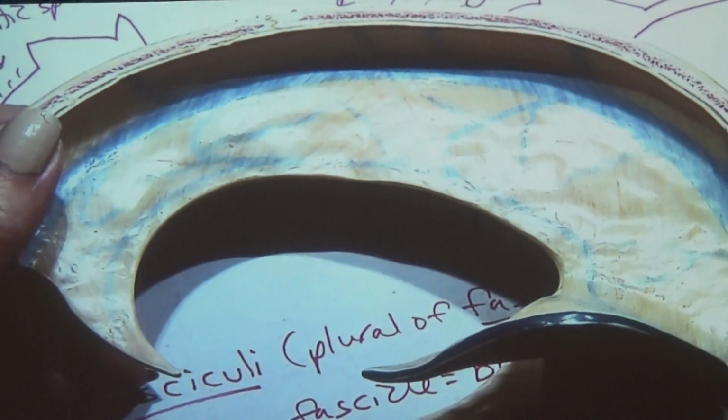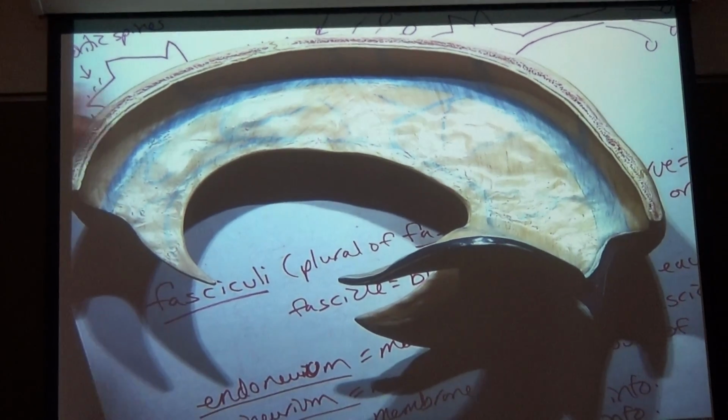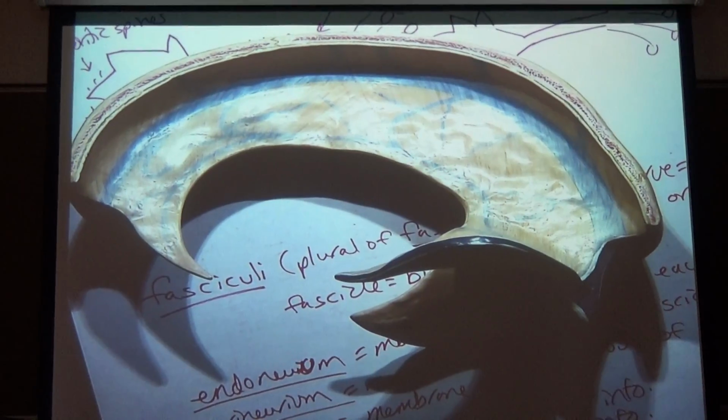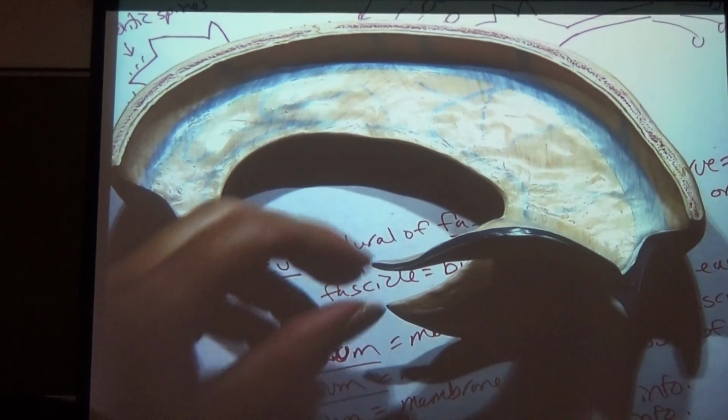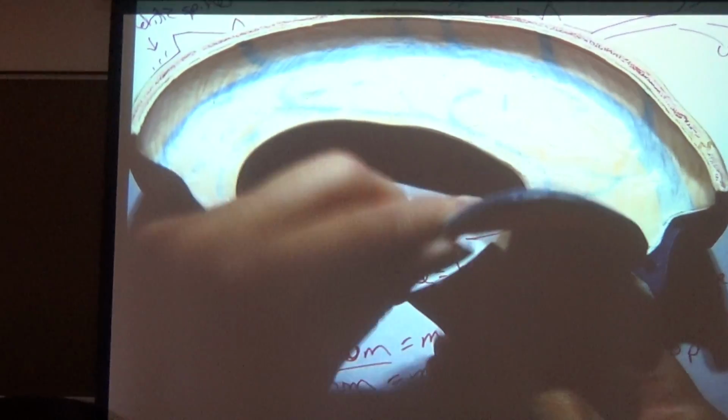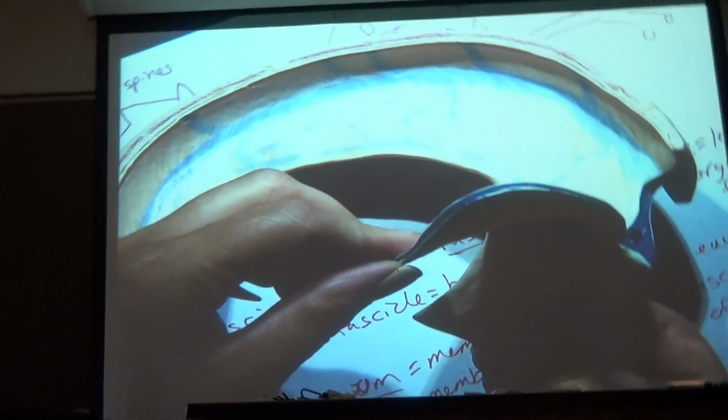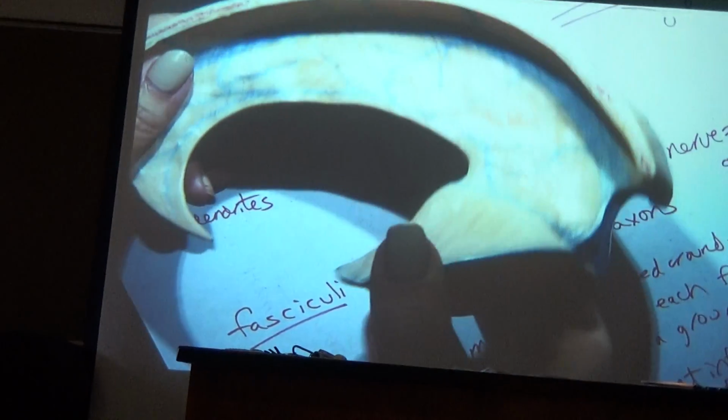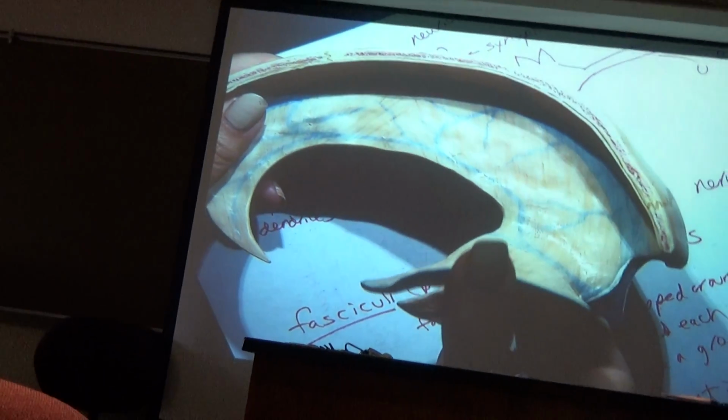Now the piece of dura mater that goes over the cerebellum, so it separates the regular part of your brain, which is called the cerebrum, from the cerebellum at the bottom. That's called the tentorium cerebelli, and it's the flappy piece at the bottom. So it makes a tent over the cerebellum.